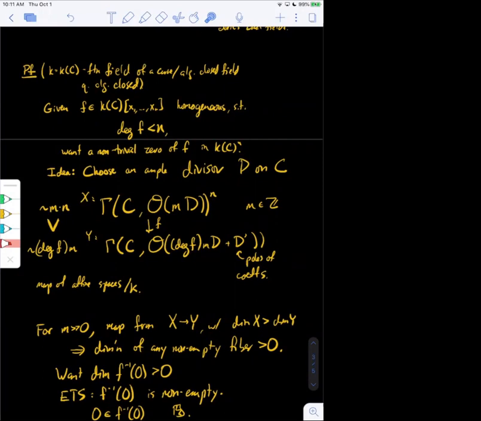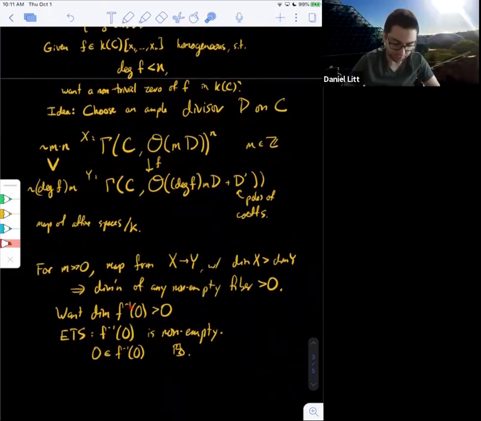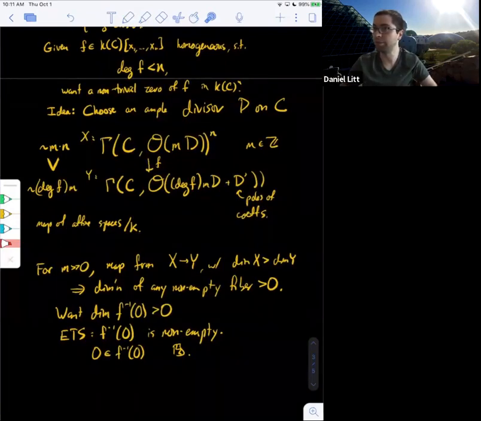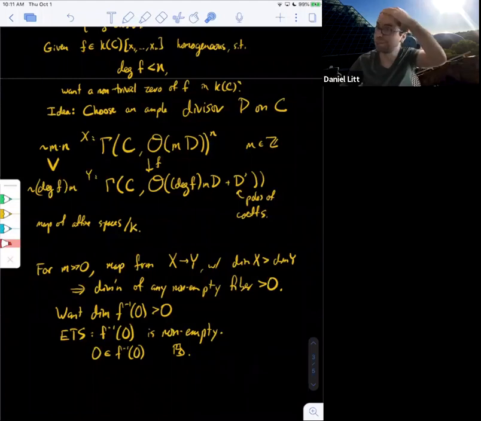Wait, question. Even if 0 is in the fiber, how does that imply that the dimension is positive? Yeah, so it was this previous line. We estimated the dimensions of these spaces. We said that for m really big, this space was bigger than this one, so it had a higher dimension. So what that tells you is that any non-empty fiber has positive dimension. Don't we need some properties about the map f for that? It's true for maps of finite type varieties over a field.